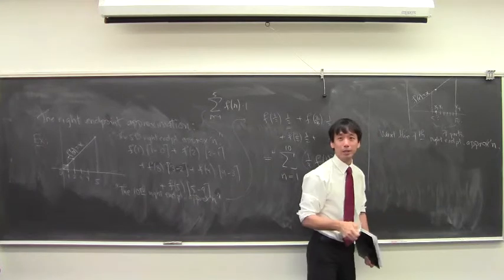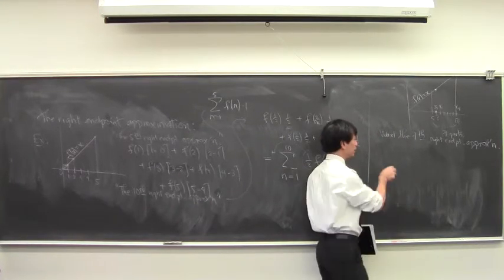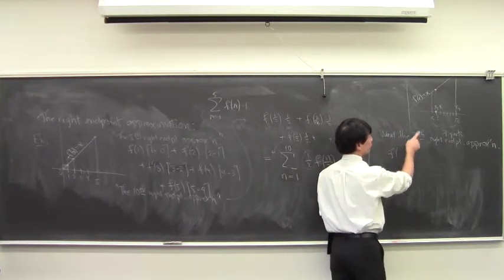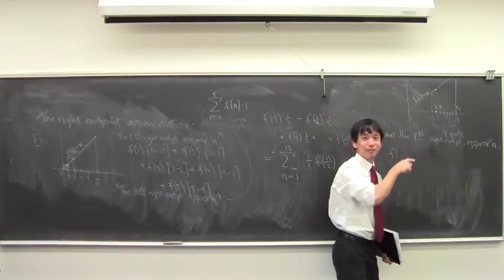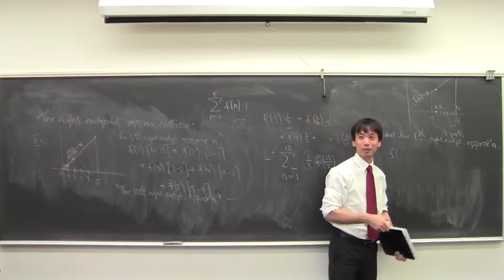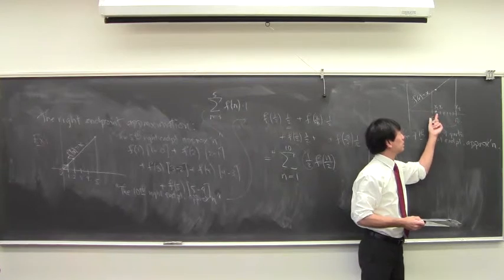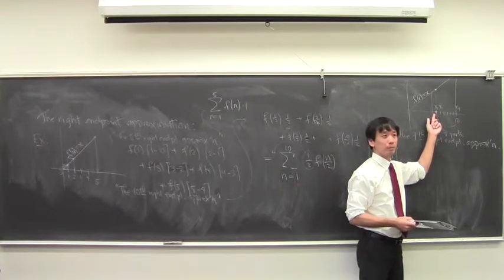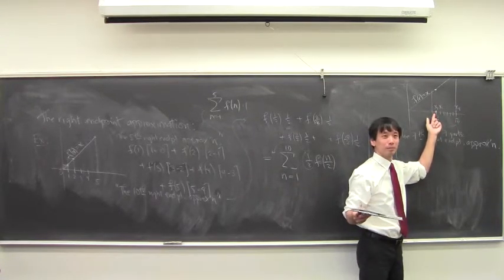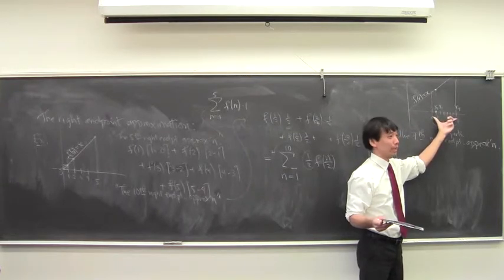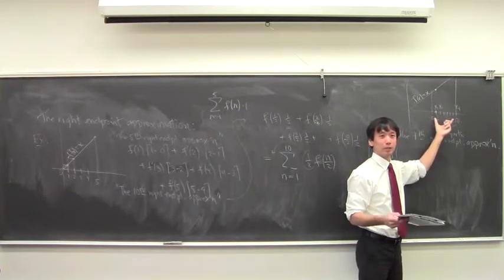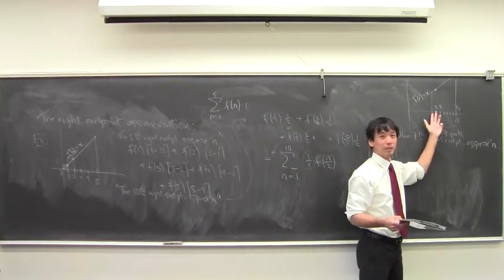What's x1? It's going to be f of, what's that point? You know what that point is, right? What's the length of the interval? 5/7, right? Because the whole length is 5, and you divide it into 7 parts. So the length of the interval is 5/7.